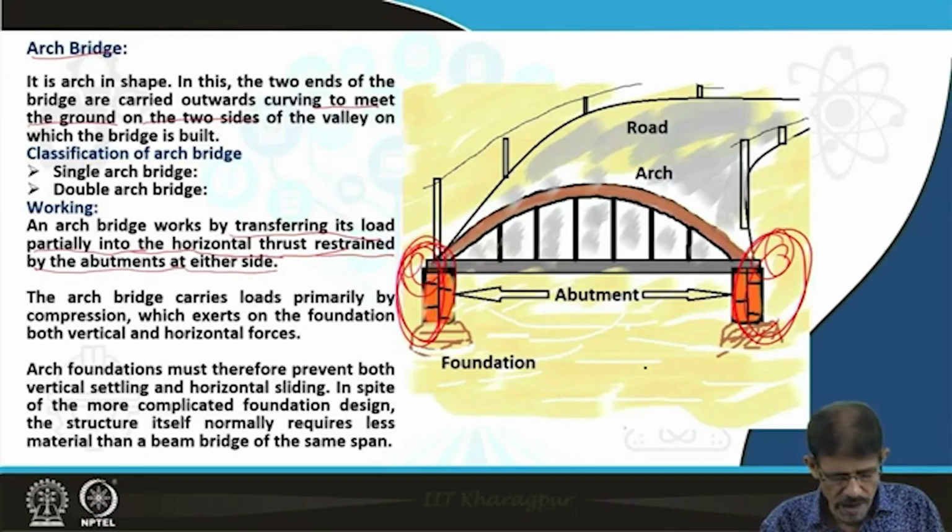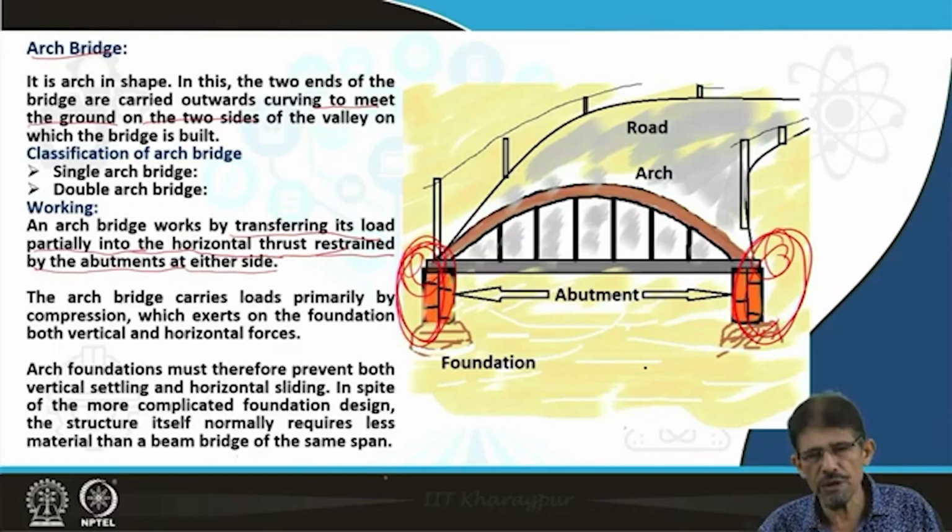In spite of the more complicated foundation design, the structure itself normally requires less material than a beam bridge of the same span. Due to transfer of the load toward the abutment side, the strata lying below the foundation pillars should be strong and of excellent quality in terms of rock mass classification.